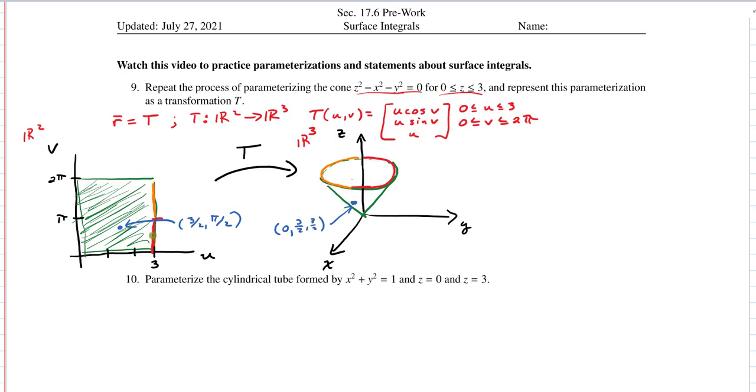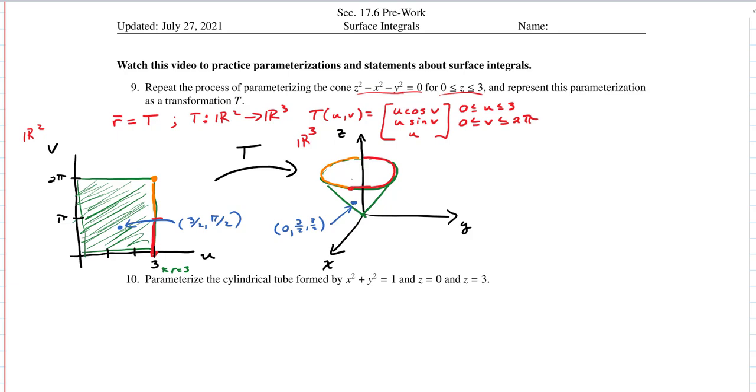So all of the points along this line, the line r equals 3, that vertical line there, get morphed to this point in space here. So this end right here gets connected to this end right here, showing up at that point right there.